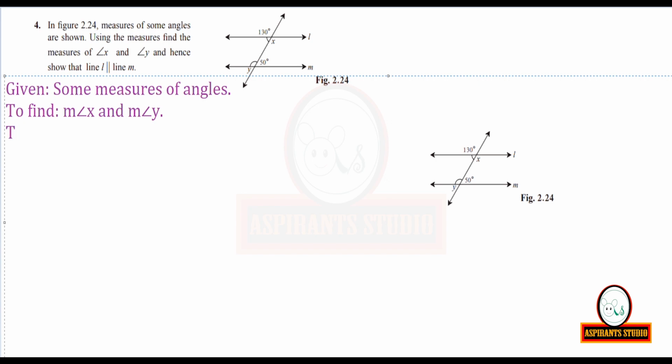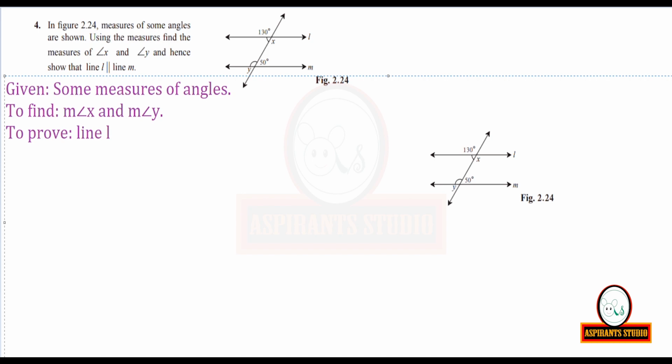You have to find the measures of angle X and angle Y, and also you have to show that line L is parallel to line M. There are two questions here.